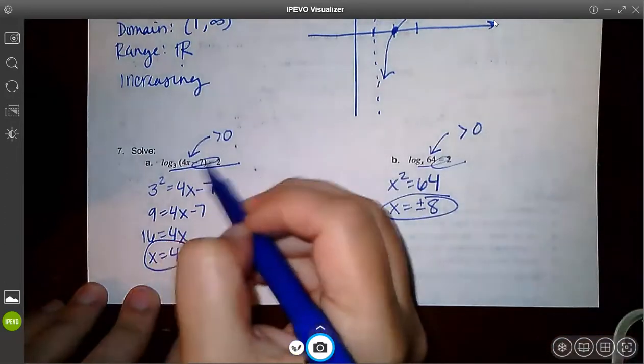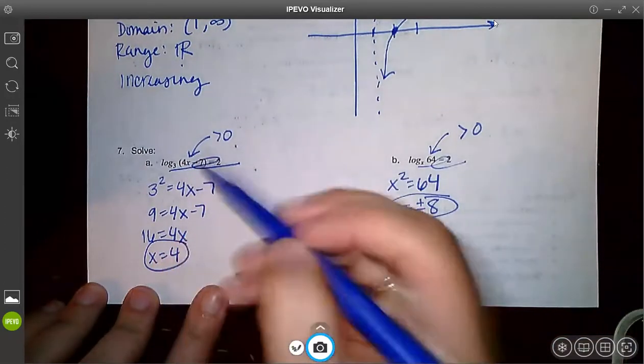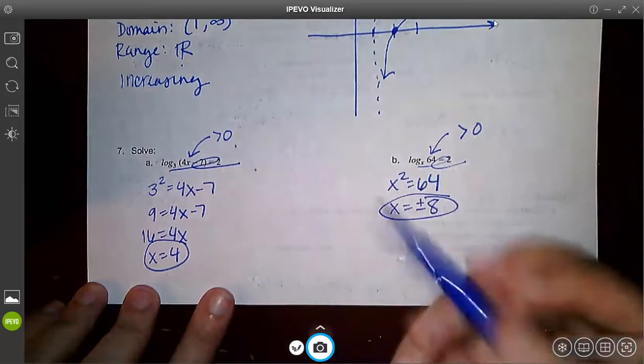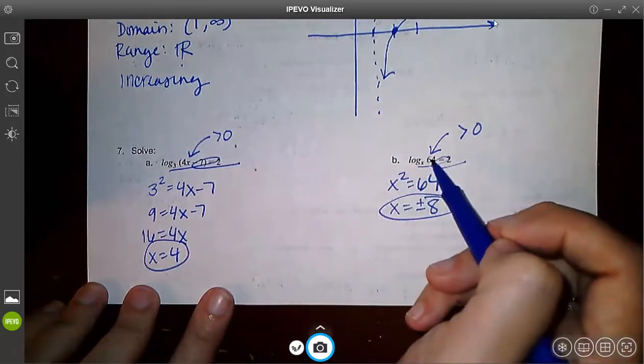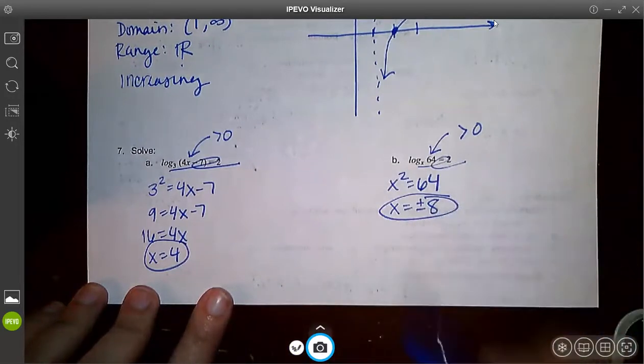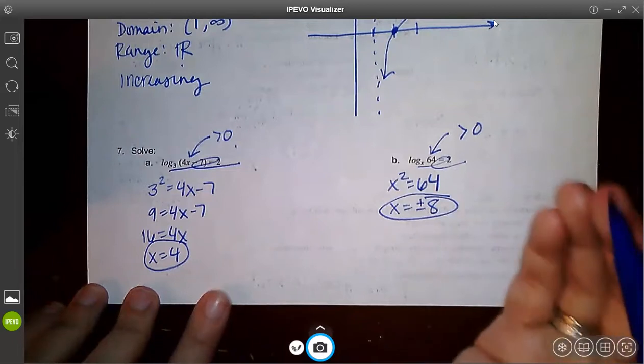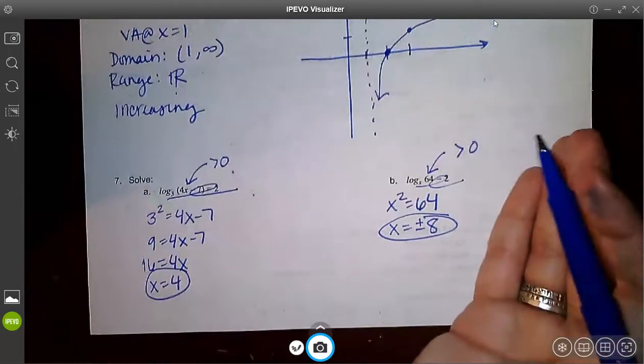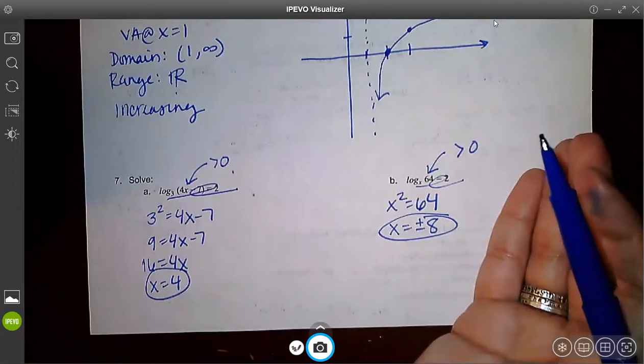This whole expression, not just x. 4x minus 7 has to be greater than 0. So if your x here had been where the 64 is, it could have only been positive 8. It could not have been negative 8 because you can't take the log of a negative number or 0.